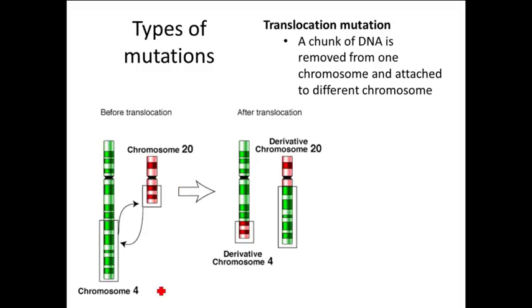Okay, and these are different chromosomes, chromosome 4 and chromosome 20. They contain genes for different traits. So this would really be mixing things up a bunch. Could happen in the middle of a gene and cause lots of problems. It can also happen that just this chunk comes off and attaches to this one, and no part of this one comes off. There doesn't have to be an exchange.